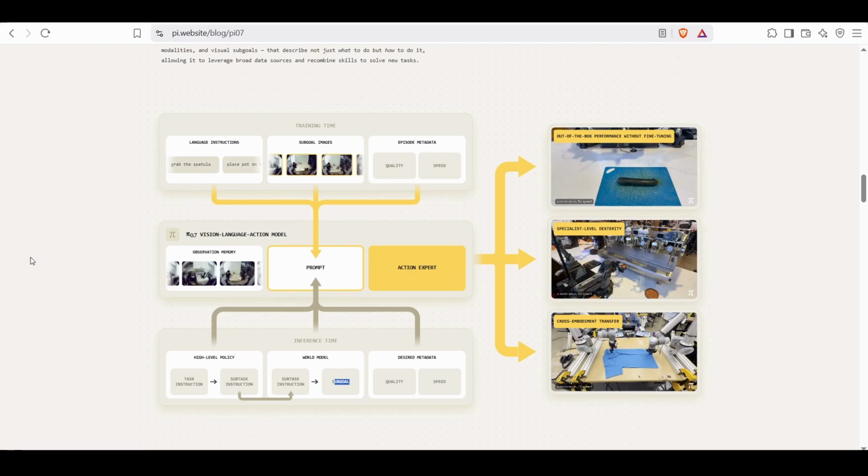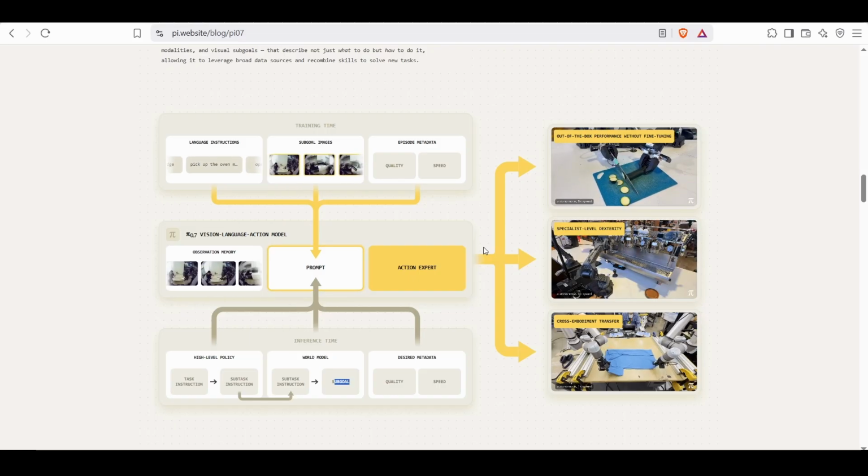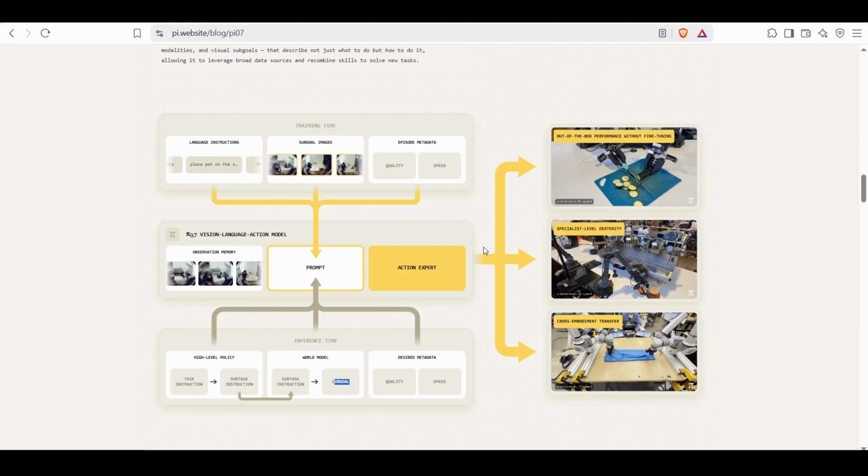Adding in all of these subcomponents to get better representations for the prompt to generate actions from, as impressive as it is, also adds so much complexity, again more training costs and then inference costs, and then training the world model, training the high level policy model, and then training the actual action generation model.